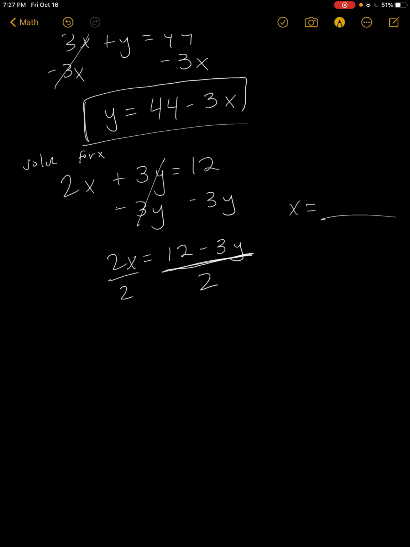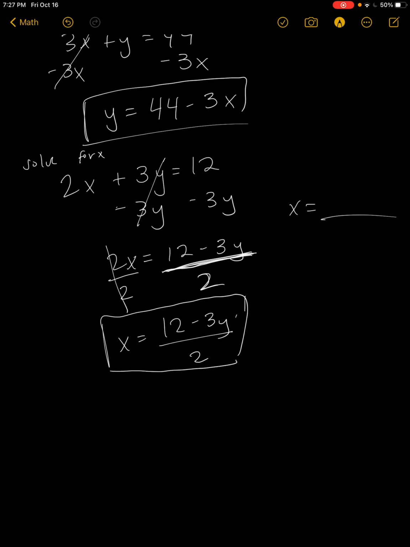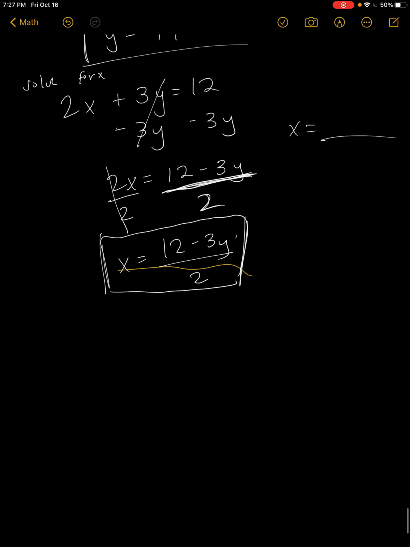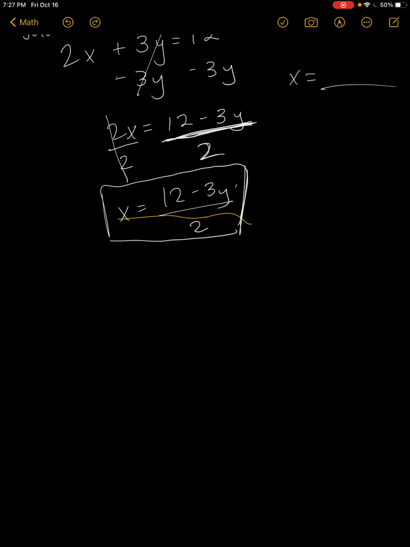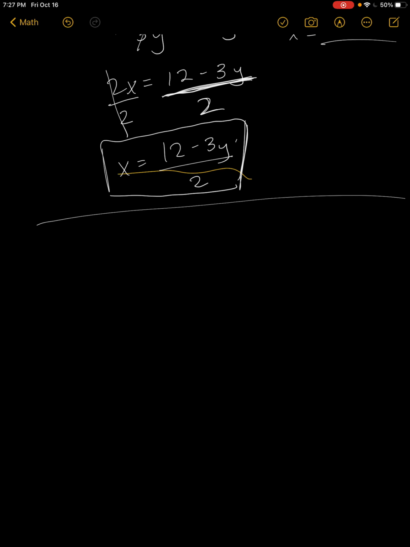It's a little tricky because the whole right side needs to be divided by 2. You can just keep it that way, unless you know how to simplify that more, that's fine. Otherwise, this is completely acceptable for me for now. We solved for x. It's an equation, and that's good enough for me.